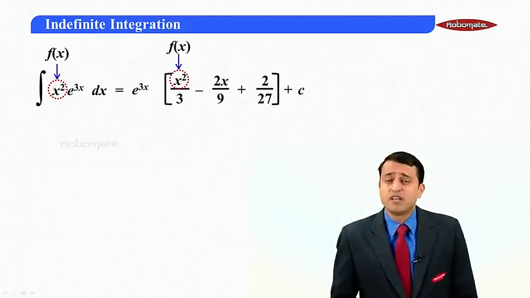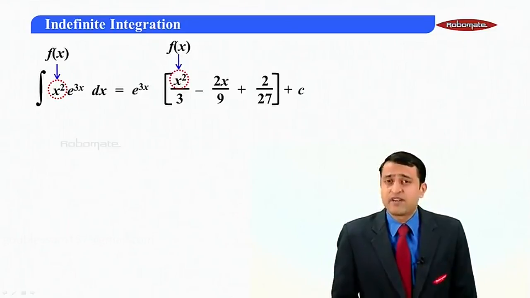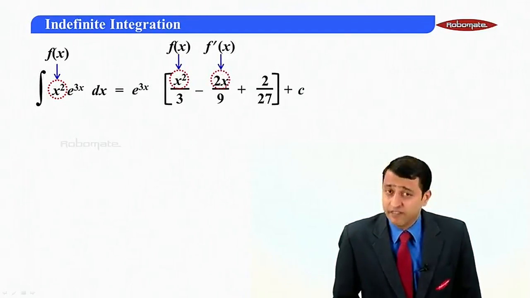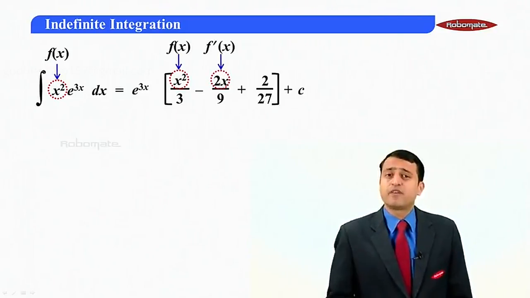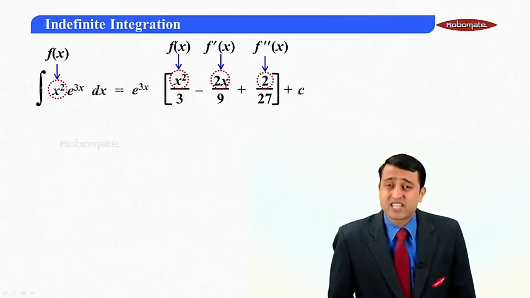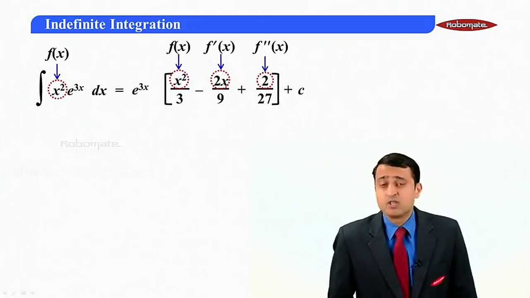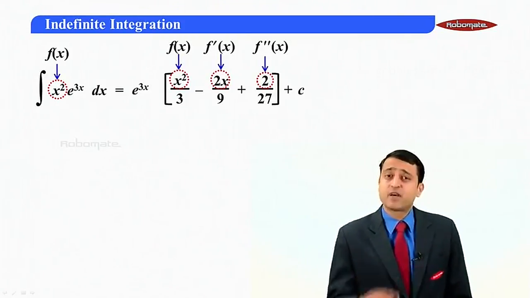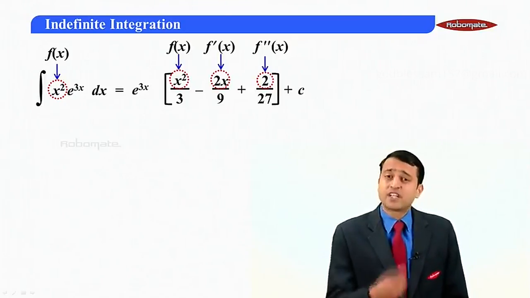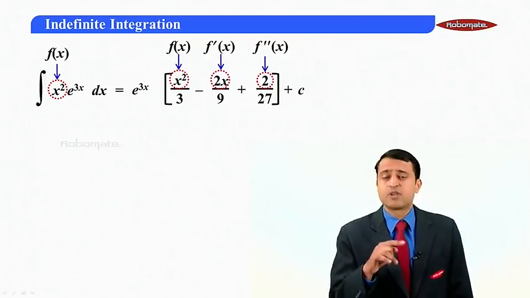Then the next term following it is nothing but the derivative of x square. So can I say it is f dash of x? And the last term which I have is nothing but the derivative of 2x, and therefore I can say it is f double dash of x. So what I have inside the bracket is f of x, f dash of x, f double dash of x. After that, if I take the derivative, it becomes 0.